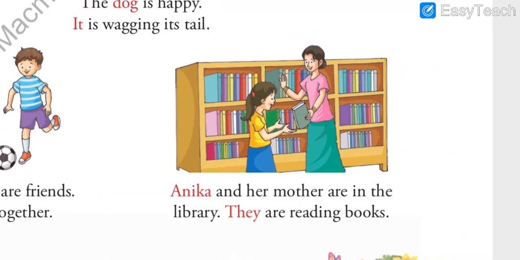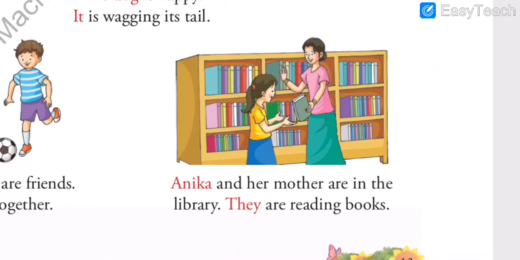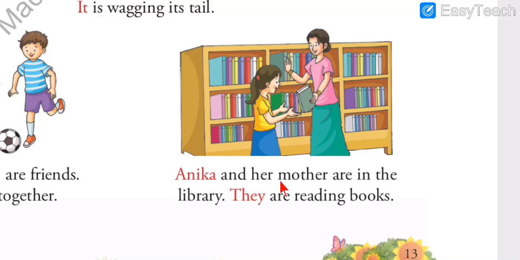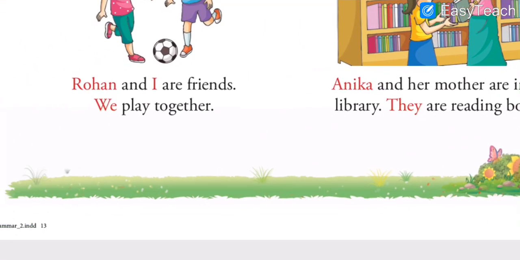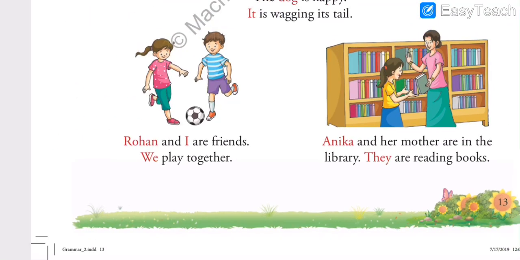Let us have a look at this photo. What are they talking about? Ankita and her mother are in the library. They are reading books. So now here Ankita and these two are highlighted, correct?